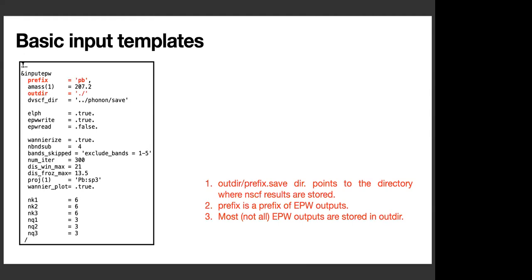The first line is just a comment line, and the second line indicates the EPW input begin. The third line is important: this third line together with the out directory line constitutes the name of the input directory when EPW loads wave function data obtained in the previous NSCF steps.